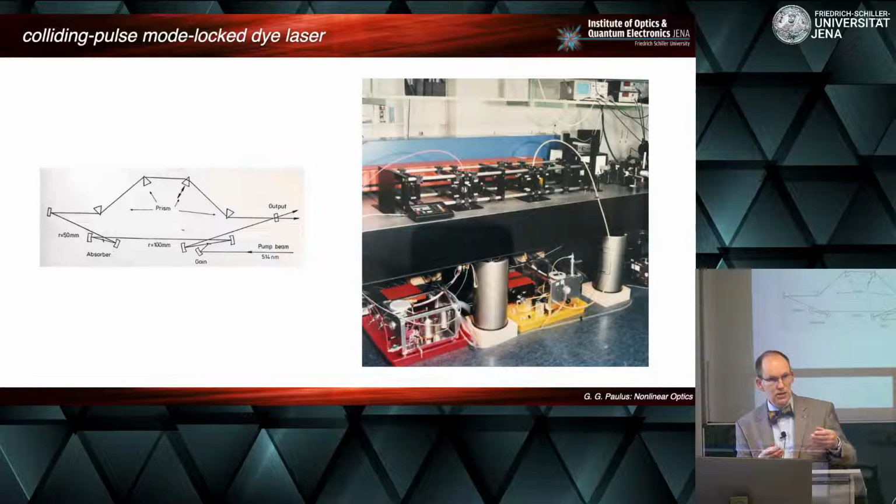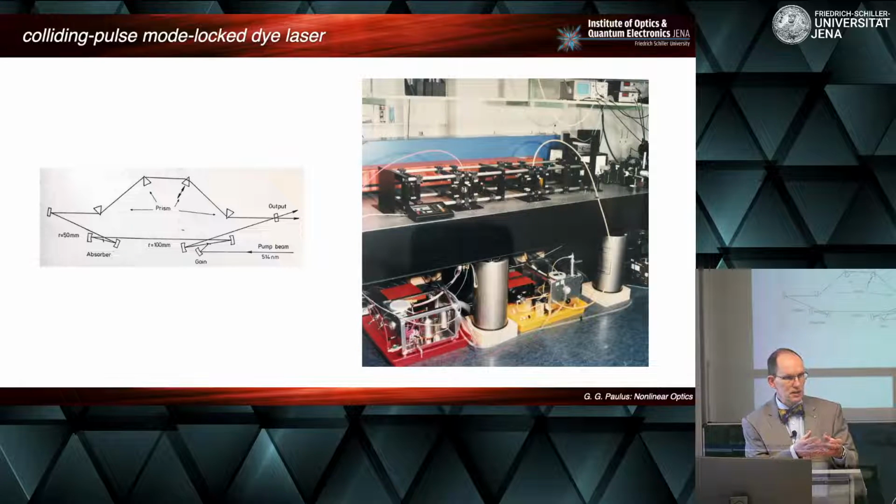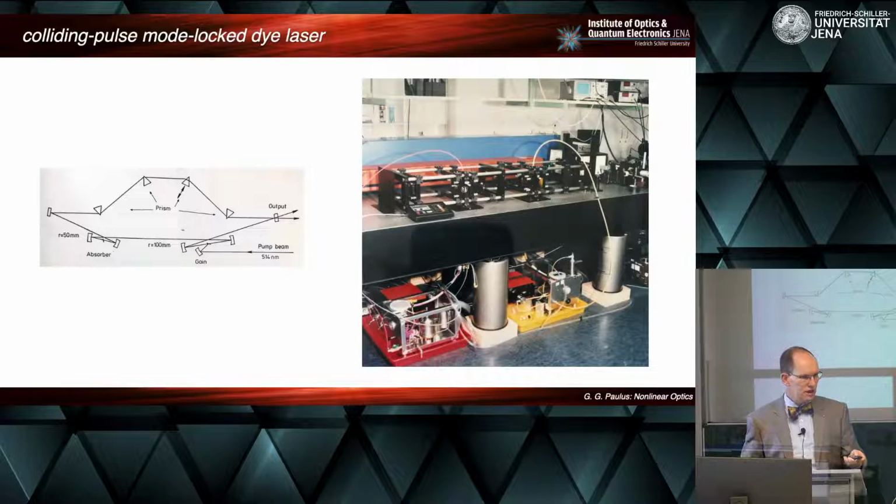Right? So once you somehow succeed, perhaps even out of the noise, to produce a short pulse that is able to bleach the saturable absorber that you put into the laser cavity, then this laser suddenly would produce short pulses. And what you see here is the machine with which I worked.